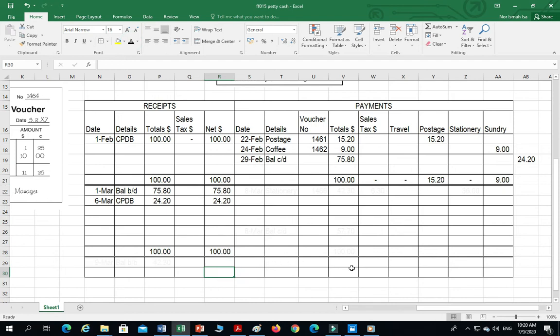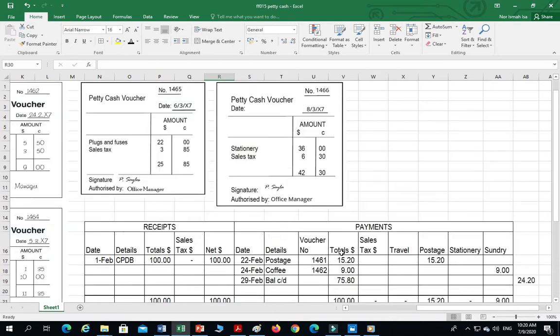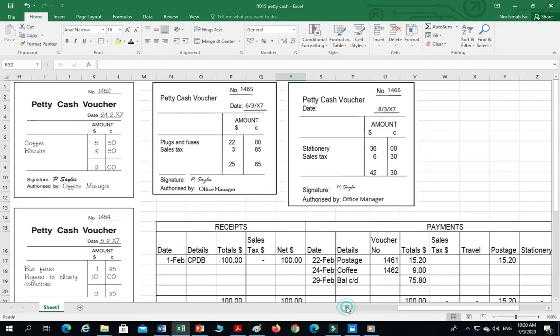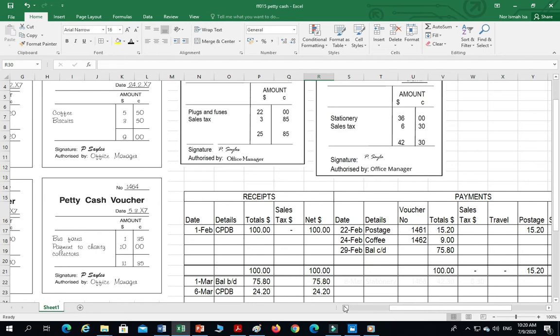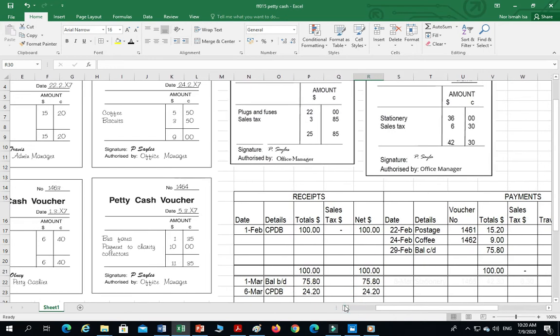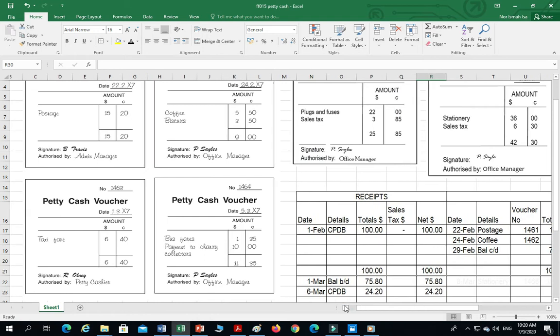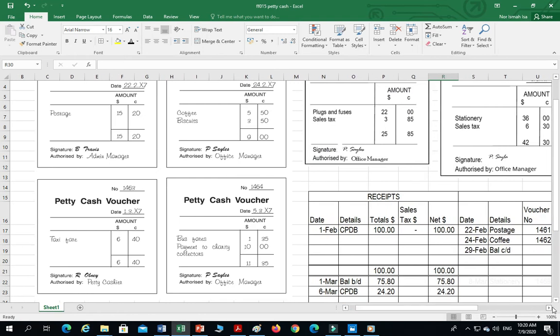So 100. Now we have another 4 vouchers here that need to be recorded. The first one is on 1st March, which is a taxi fare.